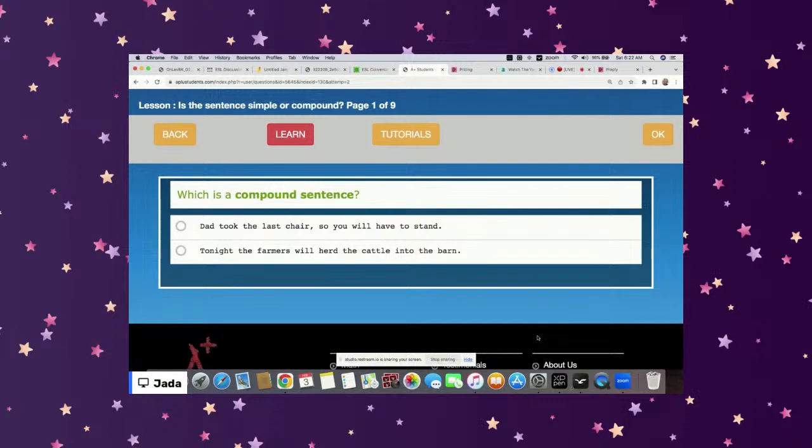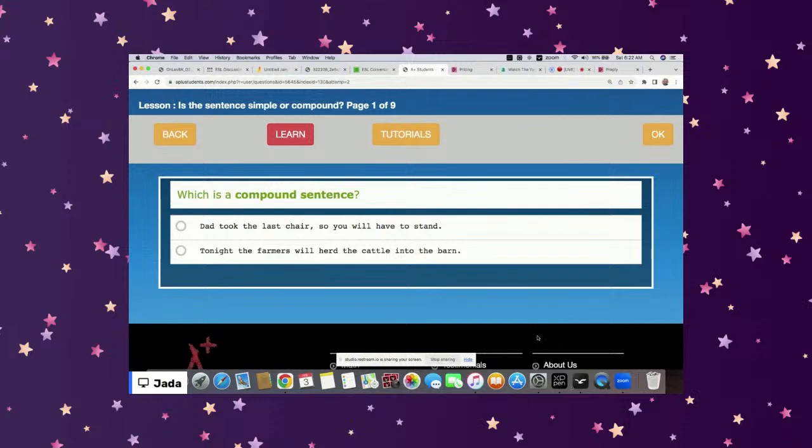So what's our answer here? Everyone, are you here with me? Send in your answers. Which is the first one? Second, first or second for compound sentence.